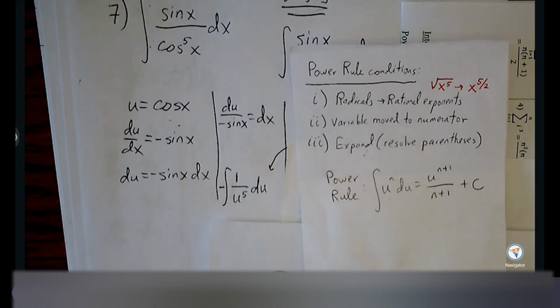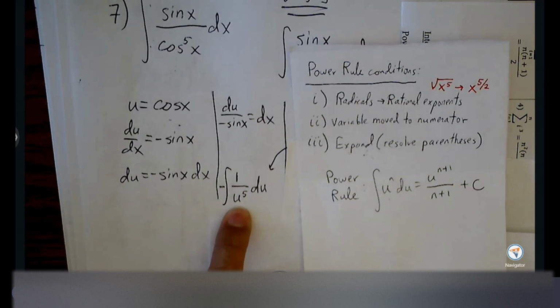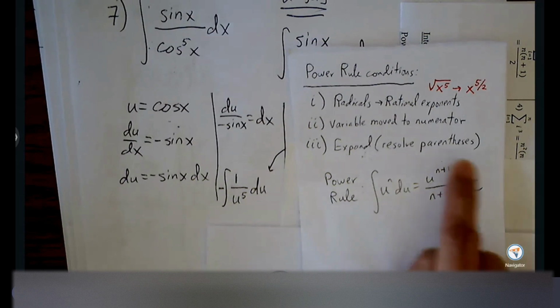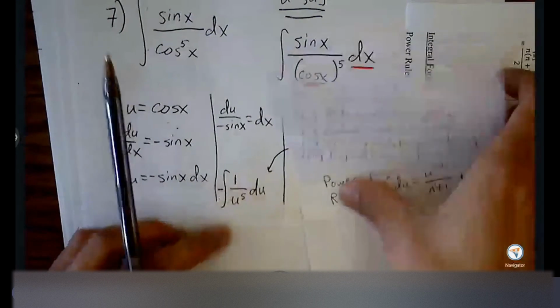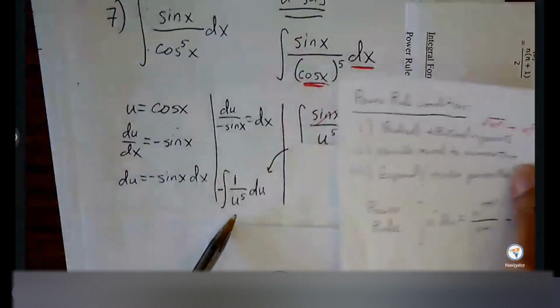We can't do power rule if u is out of place. All these restrictive things we have to be aware of, right? Just because that u is in the wrong place, we're not going to get the correct answer if we do power rule. We have to move it up to the top, and the exponent that we need to be seeing is negative 5. So I just want to make sure we understand that.